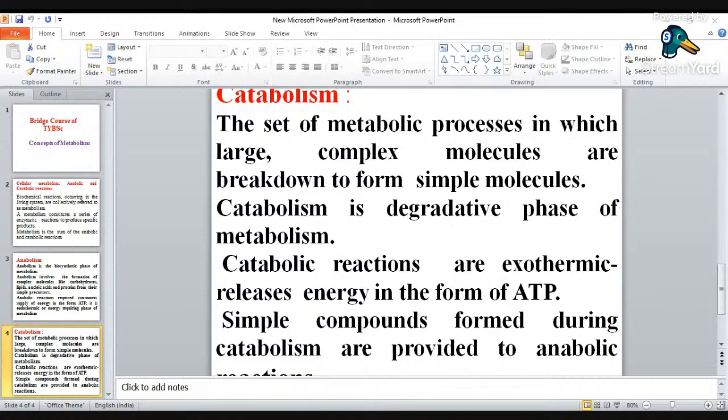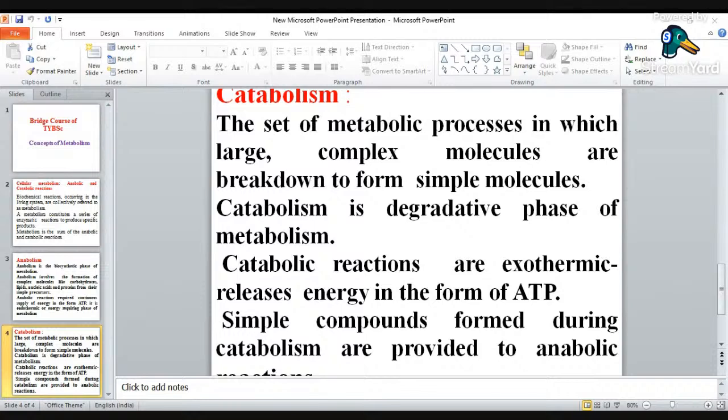That energy, released in the form of ATP, is used again in anabolism. Simple compounds formed during catabolism are provided for the anabolic reaction. The simple compounds formed in catabolism are used in anabolic processes. Okay, so it is the reciprocal reaction.